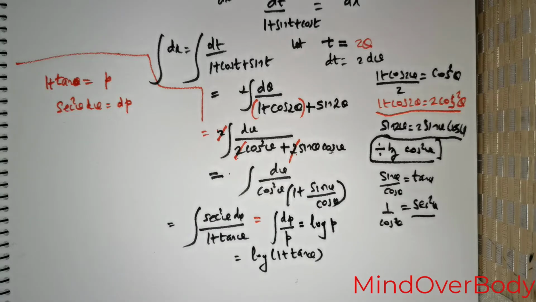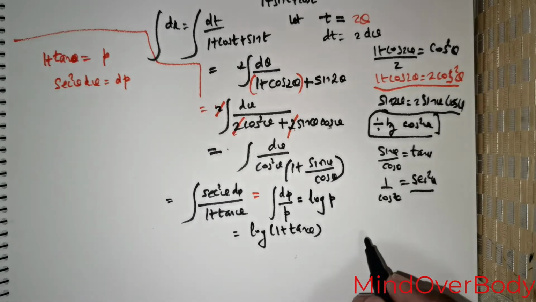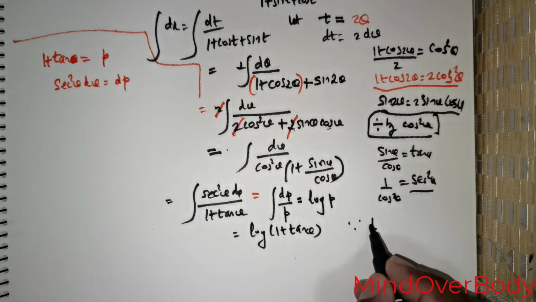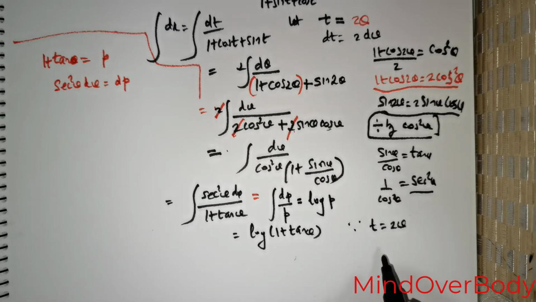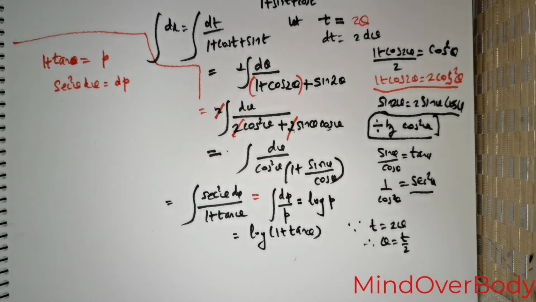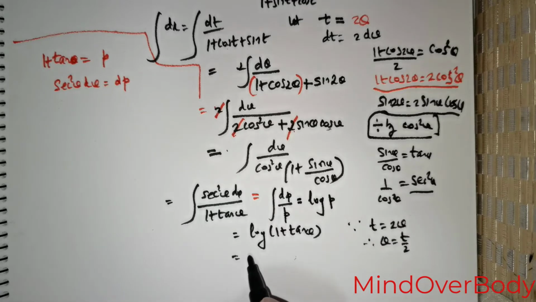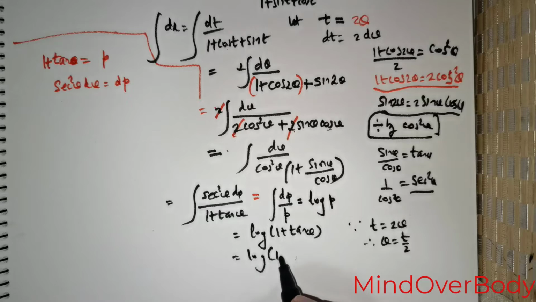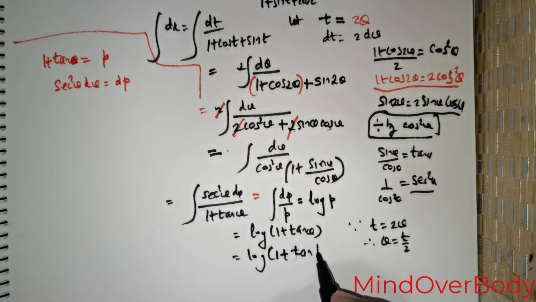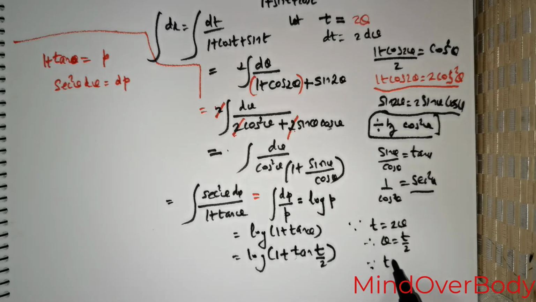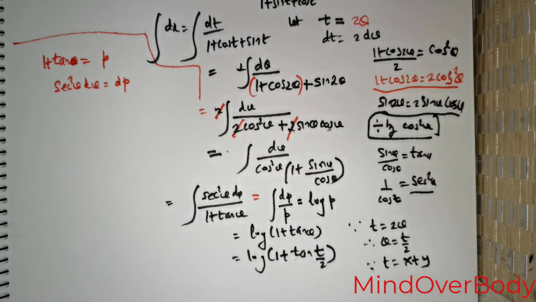Now you will have to understand that since t is equal to 2 theta, therefore theta is equal to t over 2. So this is equal to log of 1 positive tan of t over 2. This is what I've got. But t is equal to x positive y, right?